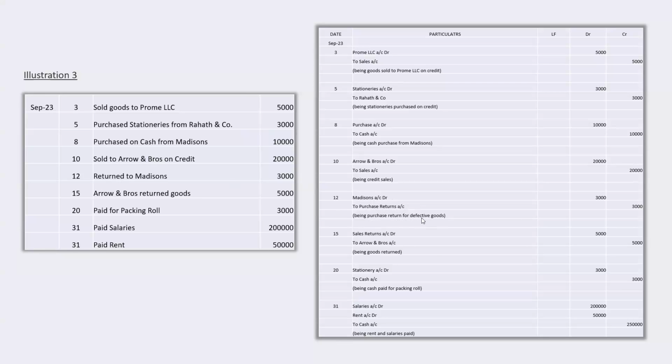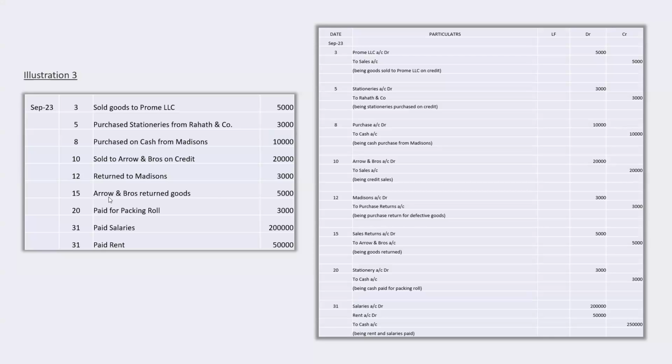So it's clearly mentioned here that since goods are defective, we are returning the goods worth 3,000 only. That is only part of the goods being returned and not the whole goods. And Madison's are obliged to pay us either cash 3,000 or goods worth 3,000.